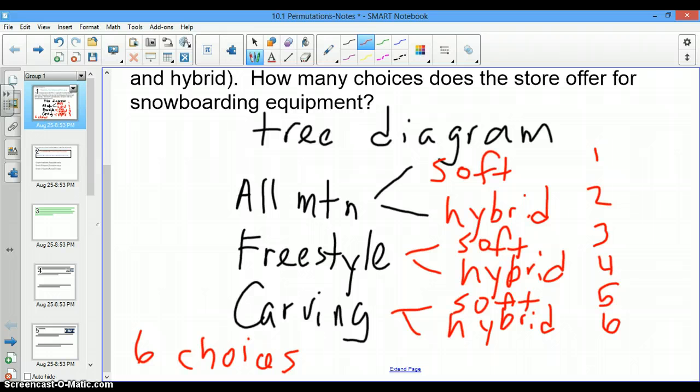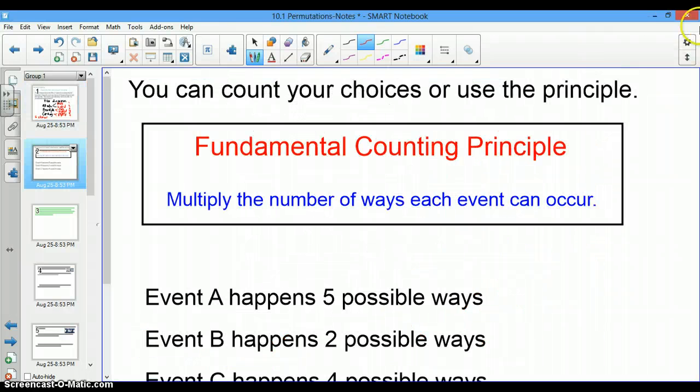Now, another way to think about that is using what's called the fundamental counting principle. The fundamental counting principle, and I'm going to go to the next slide here, is you can count your choices or use this principle by multiplying the number of ways each event can occur.